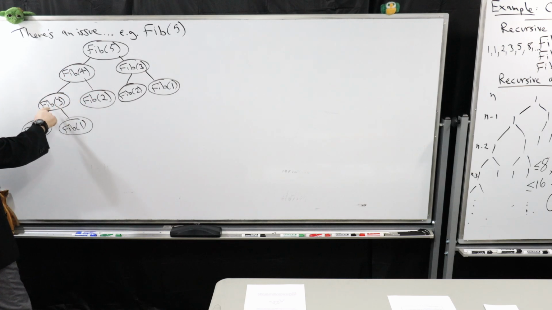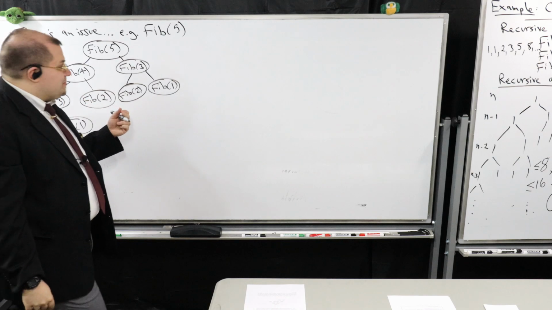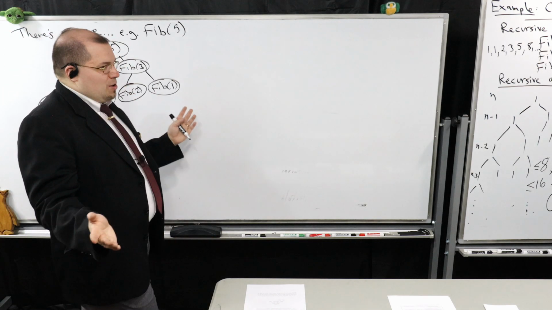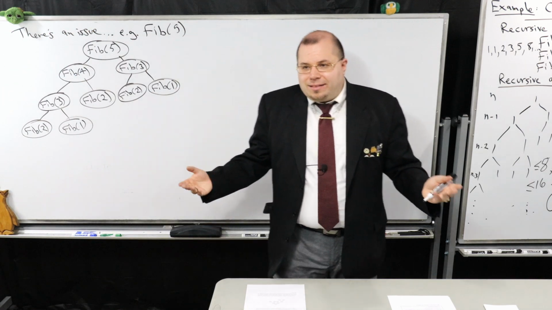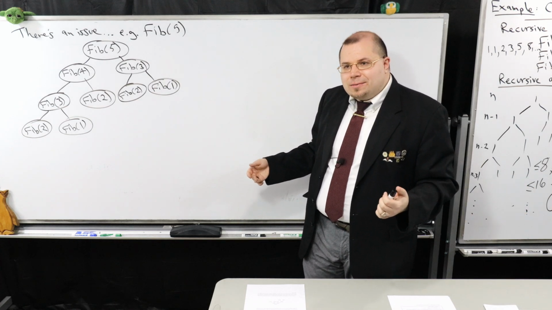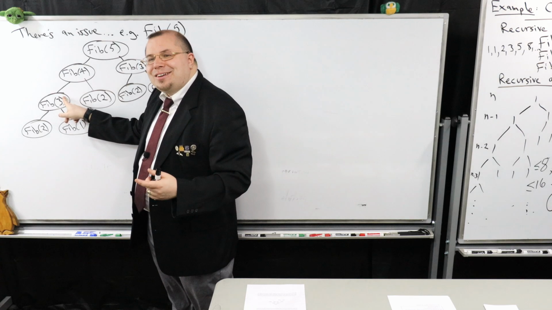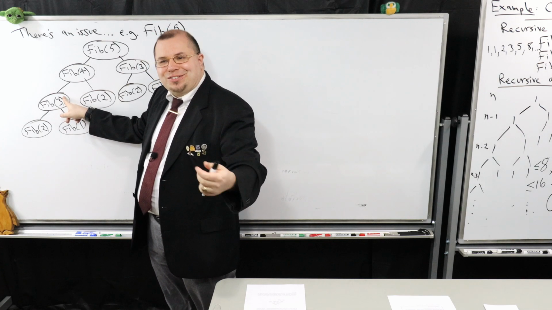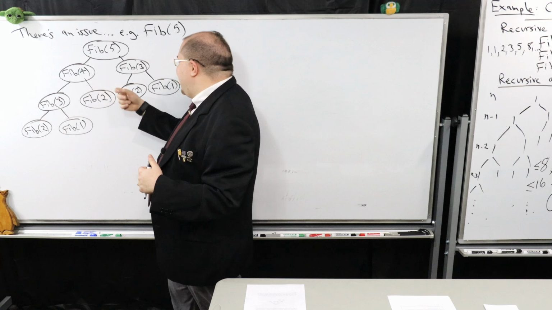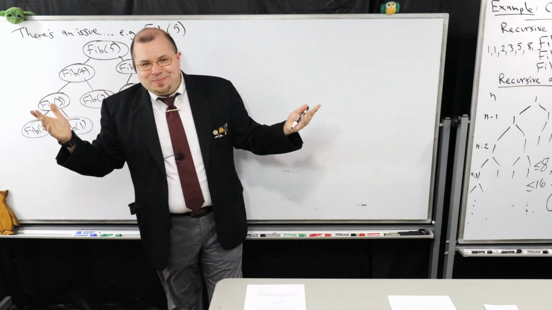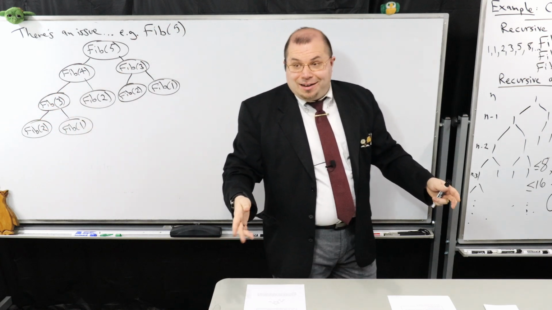Now fib of 3, if I were to compute this once, I could store that answer away in a table, or just think of it as an array. And whenever I compute fib of 3, I could just check if I already solved it first. If I solved it already, I'll just grab it. If I haven't done it yet, I better calculate it.